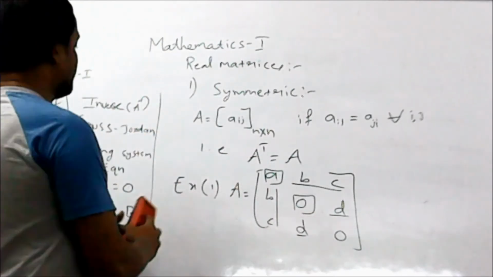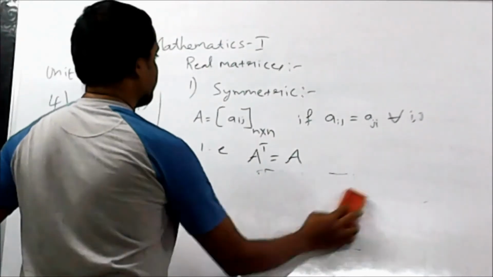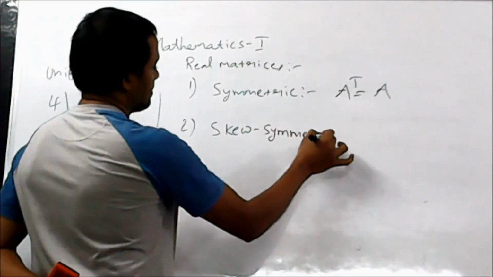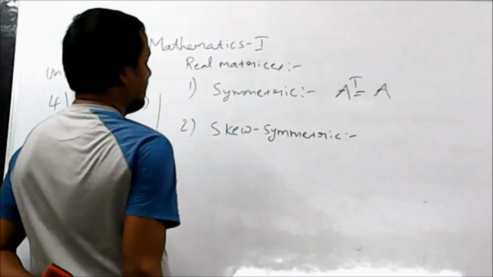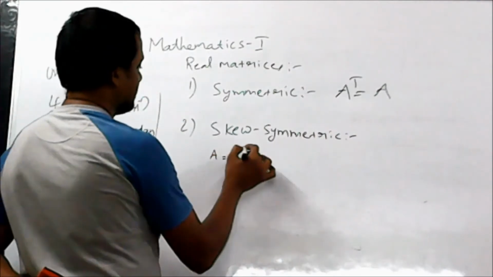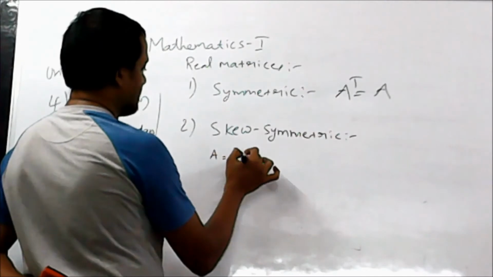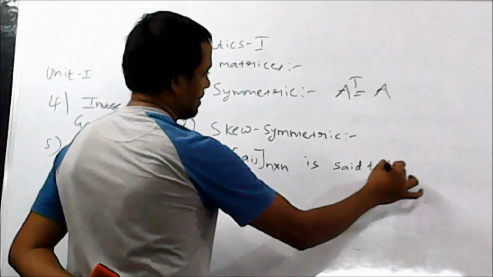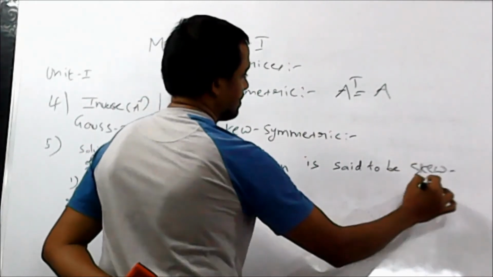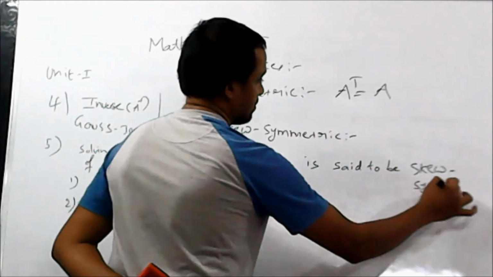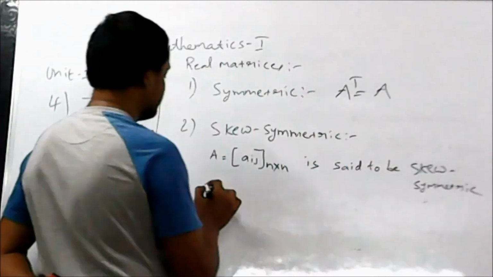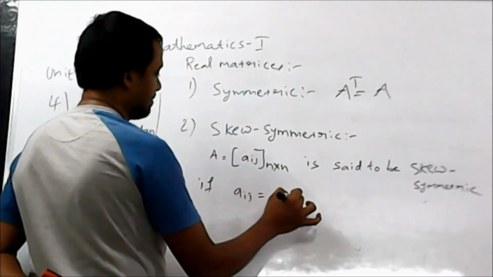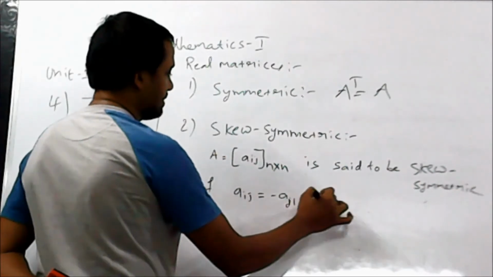Okay. So the next type is the skew symmetric matrix. The definition: a matrix of order n cross n, whose entries we generally represent by a small letter a_ij, is a square matrix said to be skew symmetric if a_ij is equal to minus a_ji for all i, j.